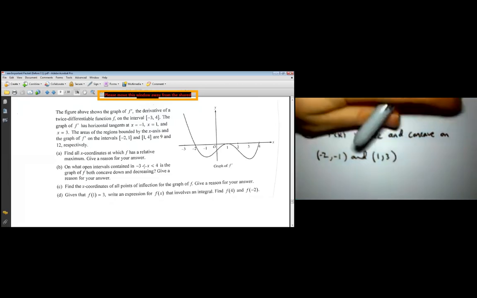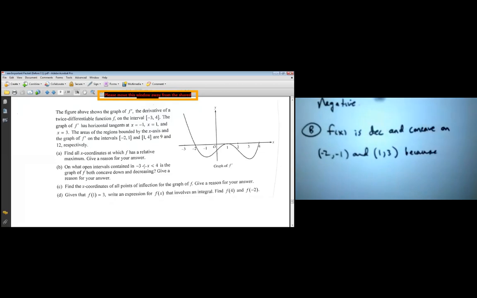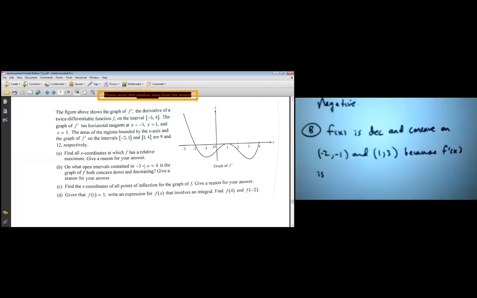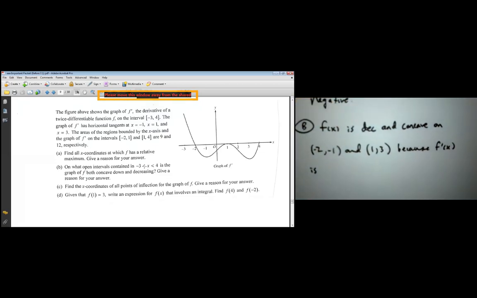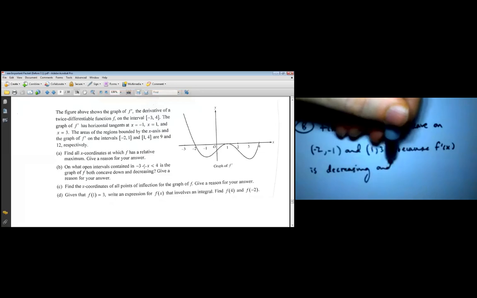There's your first point. Because, what's my reasoning here? F prime of x is, what are the two key words I need to get credit here? It's both decreasing and negative. Decreasing and negative.